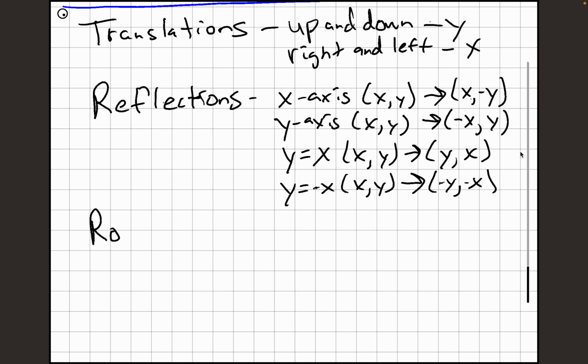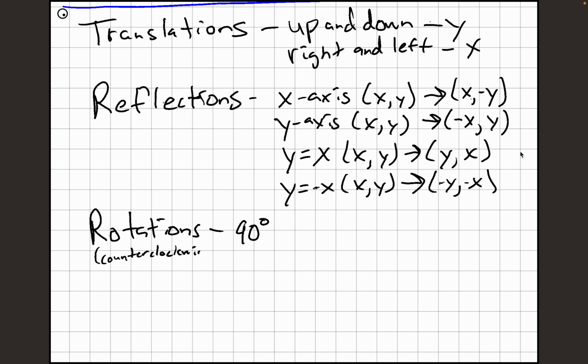What about rotations? We learned 3 different rotations, and let's talk about the counterclockwise ones. We learned 90 degrees counterclockwise. Who can tell me what we do for that?